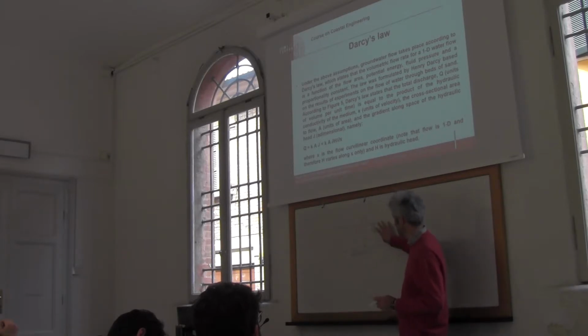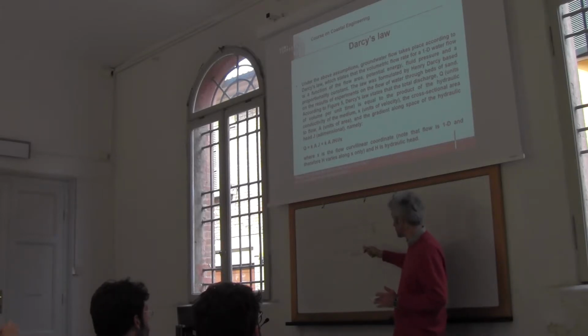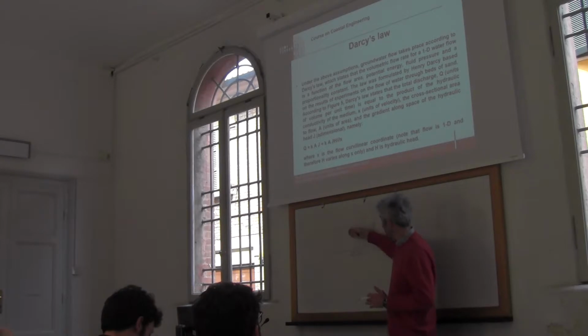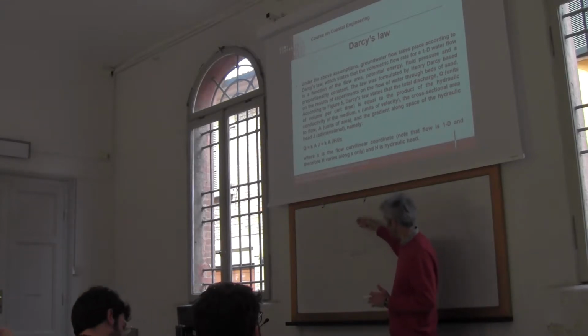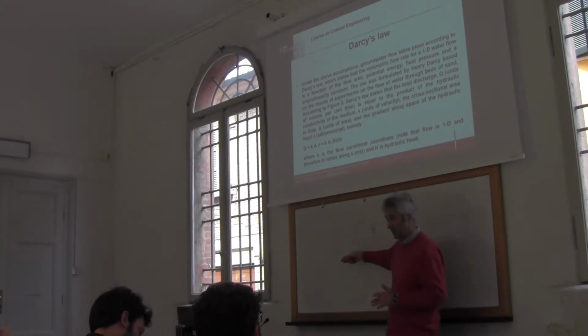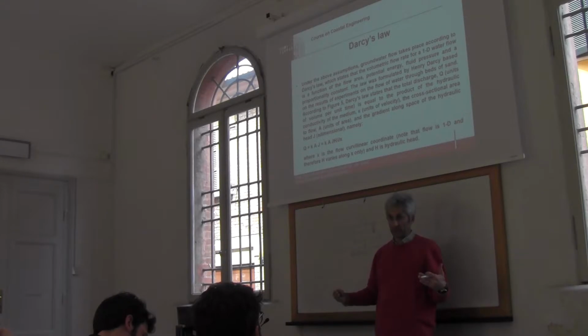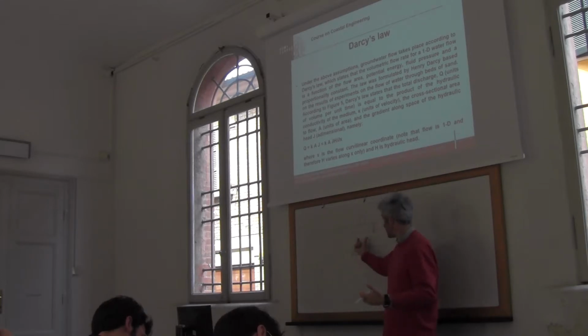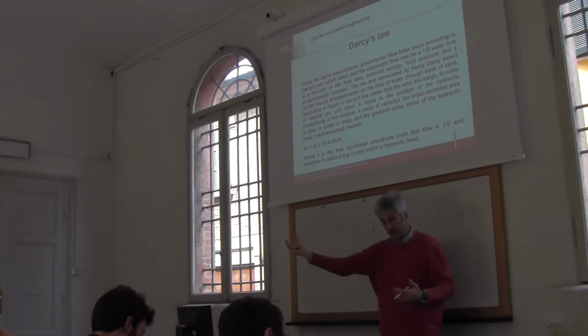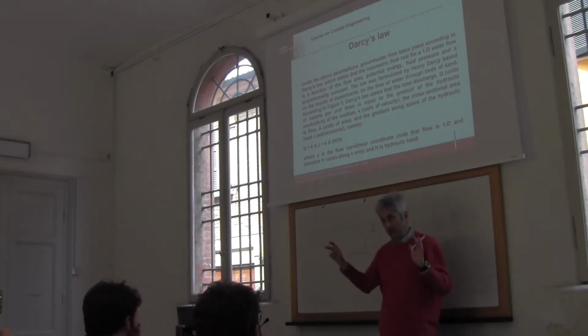Let's suppose that this is our portion of aquifer we are interested in, and we identified this plane by cutting the aquifer with a plane that is perpendicular to the velocity vector. And therefore this velocity vector is coming out from the blackboard and it's perpendicular. Okay? We can always do that.